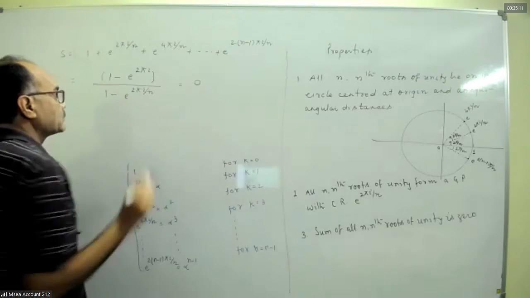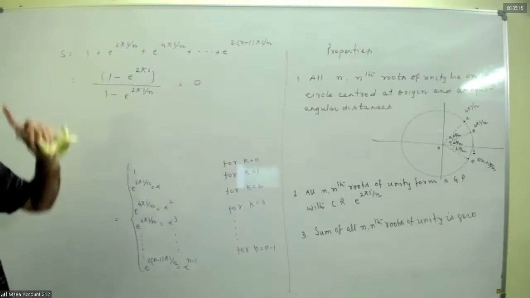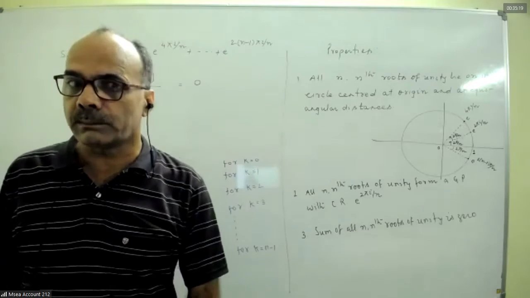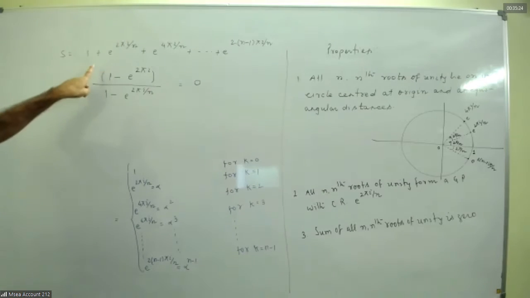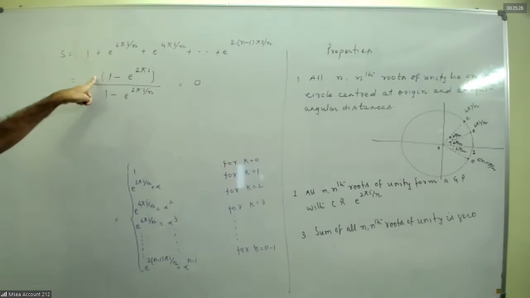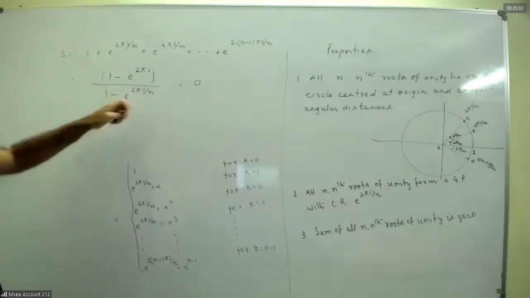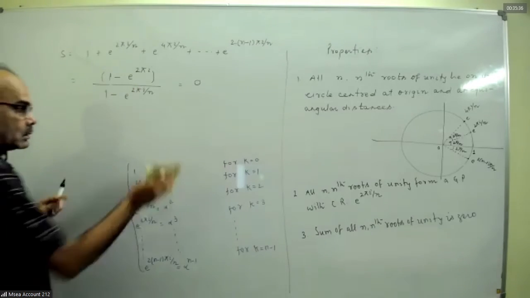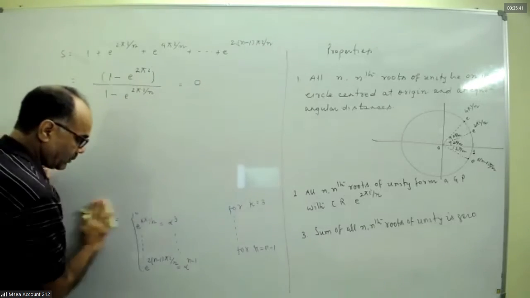So what is the formula for sum of GP? a is 1, into 1 minus r to the power n divided by 1 minus r. Sum is 0. Sum of all n roots of unity is 0.